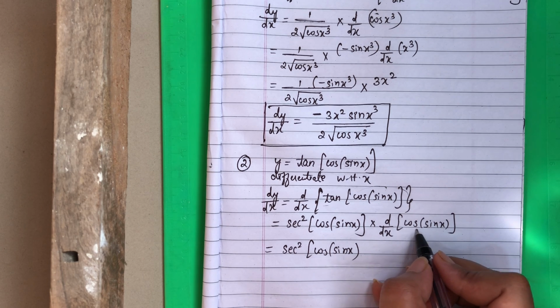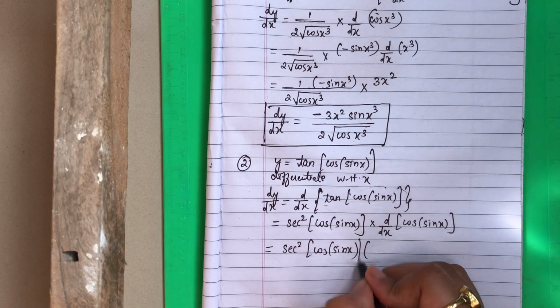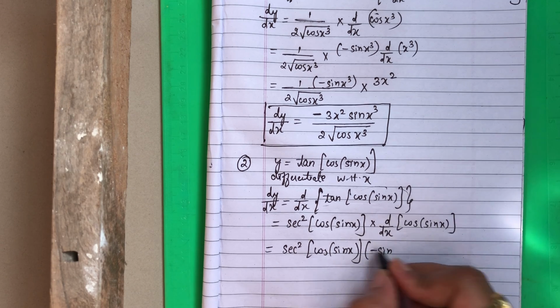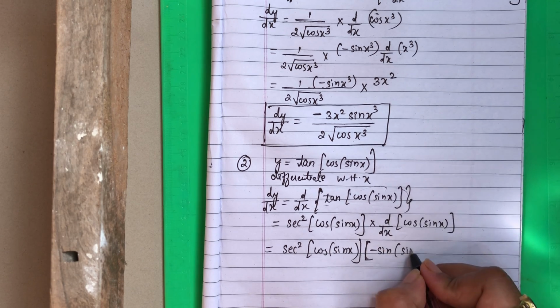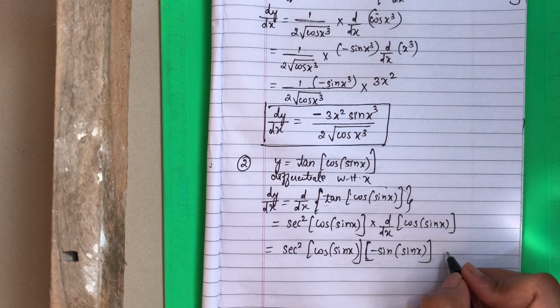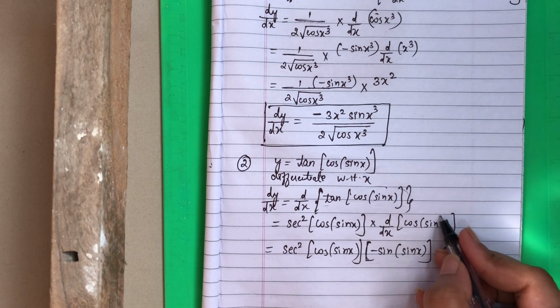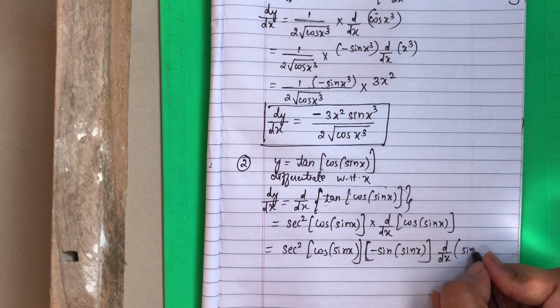Now you need to differentiate this cos. The differentiation of cos is minus sine. So minus sine of sine x into d by dx of sine x.